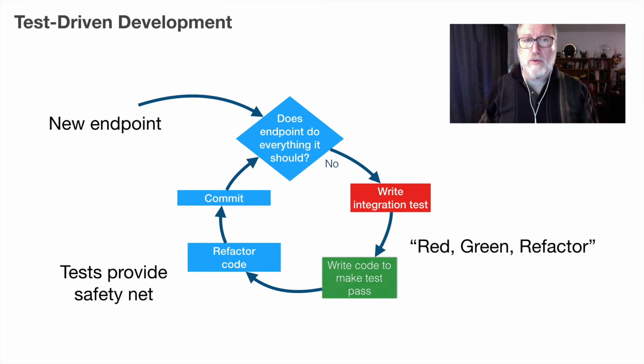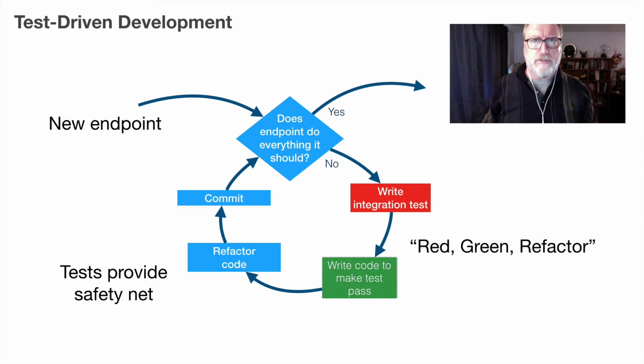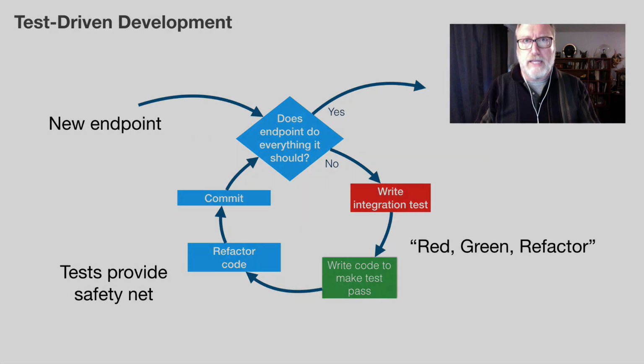When we're done, when the endpoint does everything it's supposed to do, you're out of here. You go on to the next endpoint. Or if you've finished all your endpoints, you can go take a break. Write some client code, do whatever you like. That's test-driven development. Test first, red; write code second, green; and then make it elegant and efficient later, refactor.